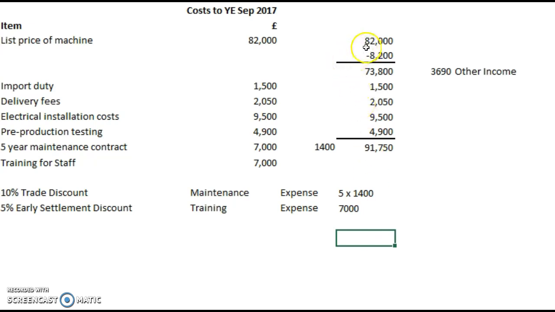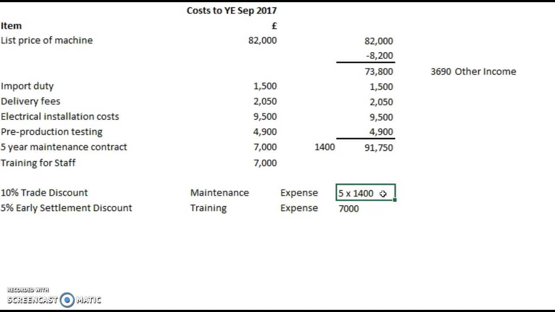We have deducted the trade discount from the list price to give us 73,800. All the other fees are to bring it into the location and state ready for use. The maintenance contract is just an expense, it's not capitalized. So that will be 5 years worth of 1,400.